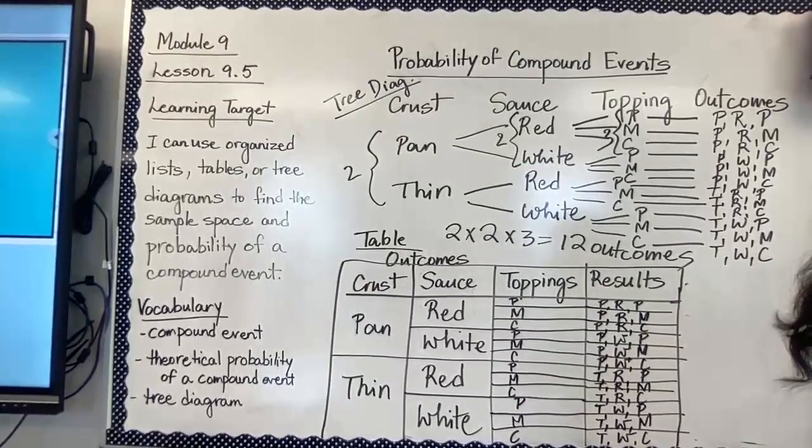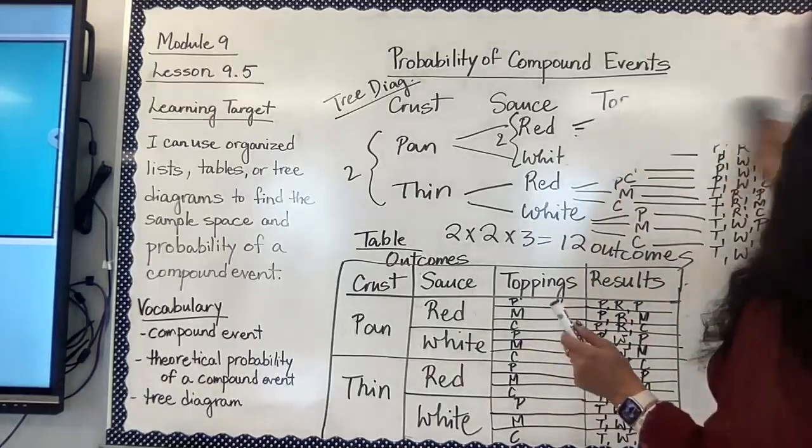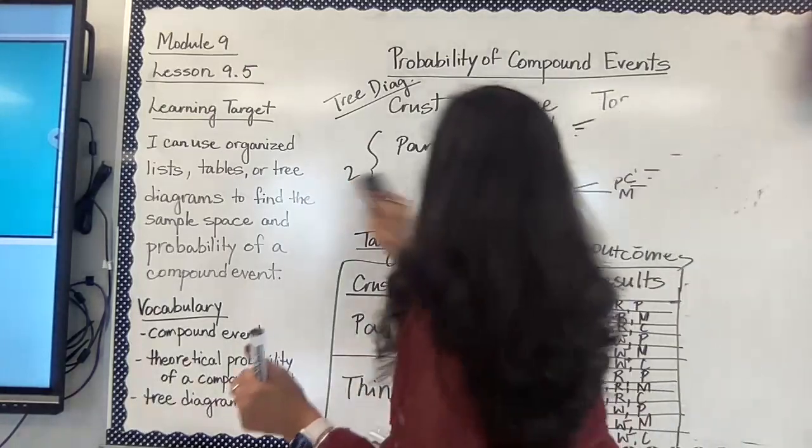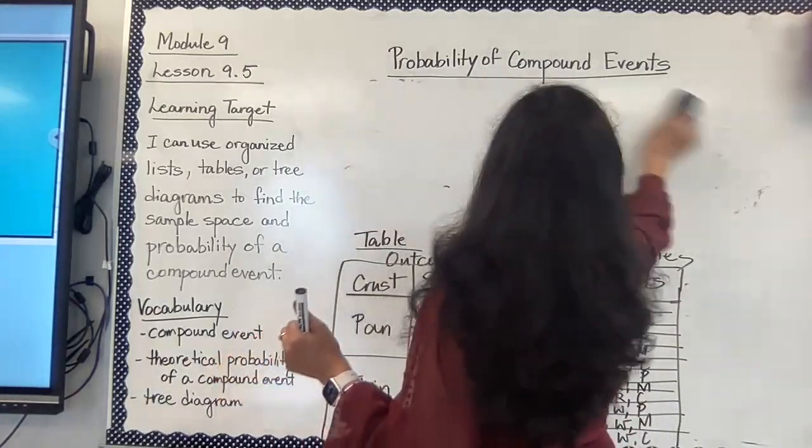Let's talk about theoretical probability of compound events. When conducting a probability experiment, the theoretical probability of a compound event is the ratio of the number of possible favorable outcomes to the number of total possible outcomes in the sample space. Okay, so we go ahead and quickly write that ratio out so that you know what I'm talking about.